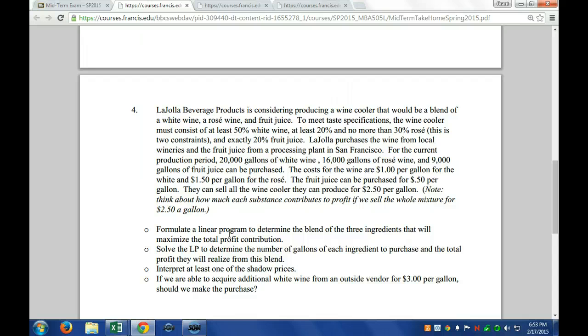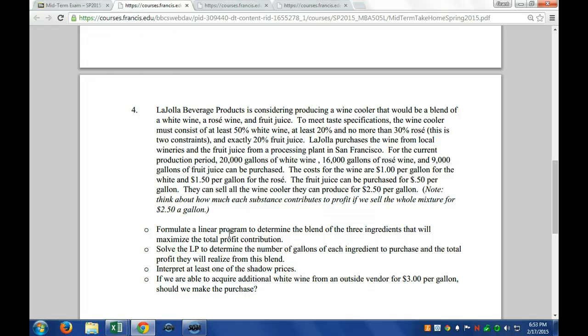That's the profit contribution. So I can maximize $2 times how much fruit juice I use plus $1.50 for the white wine and $1 for the rosé, because the white wine cost me $1, but I'm going to charge $2.50 when it comes out the other end because it's all mixed in. The whole mixture charges $2.50.